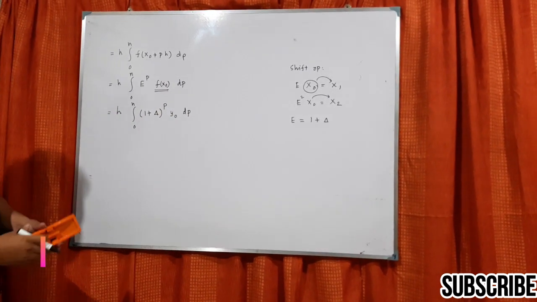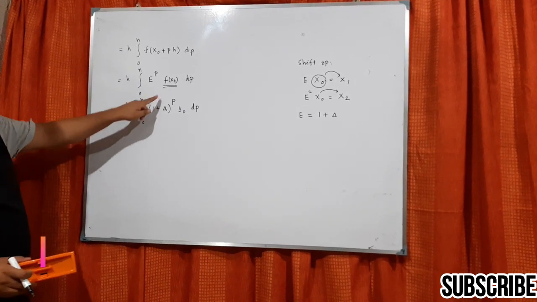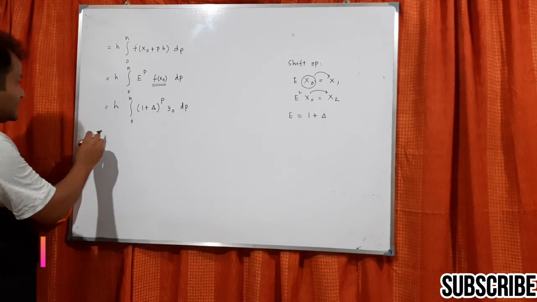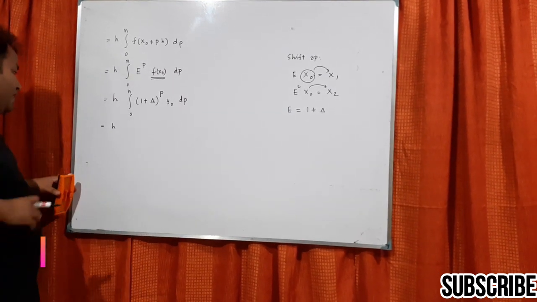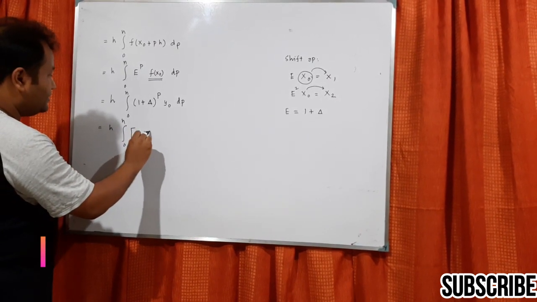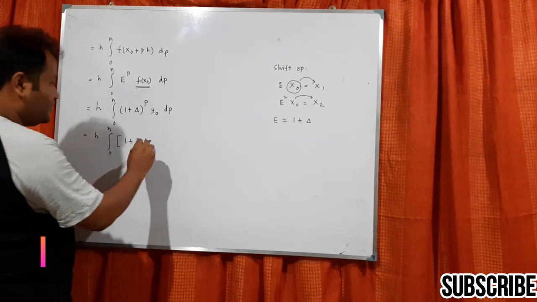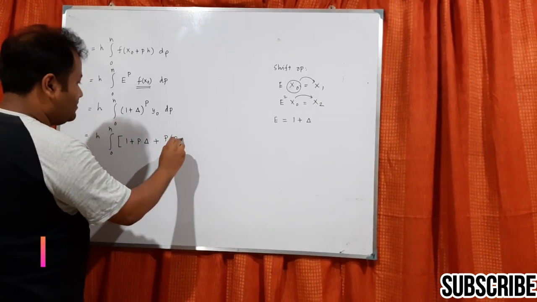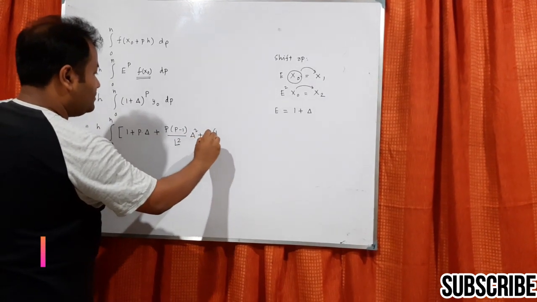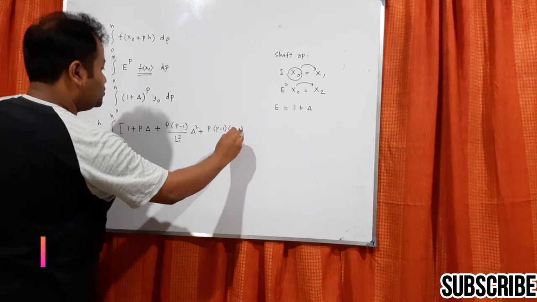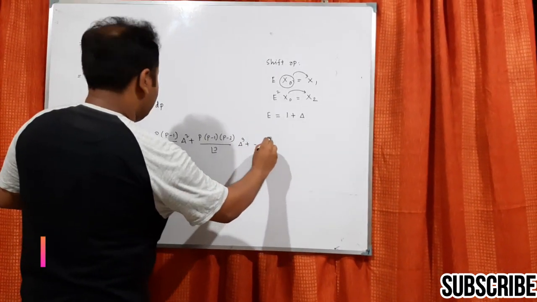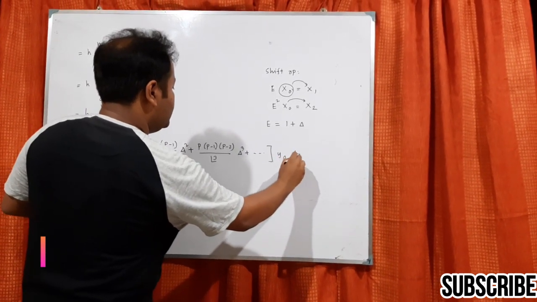So basically what we have got is a binomial expansion, 1 plus something power p. If I express this, it should be the integral from 0 to n of 1 plus p times delta plus p into p minus 1 by factorial 2 delta square plus p into p minus 1 into p minus 2 by factorial 3 delta cube of y naught dp.